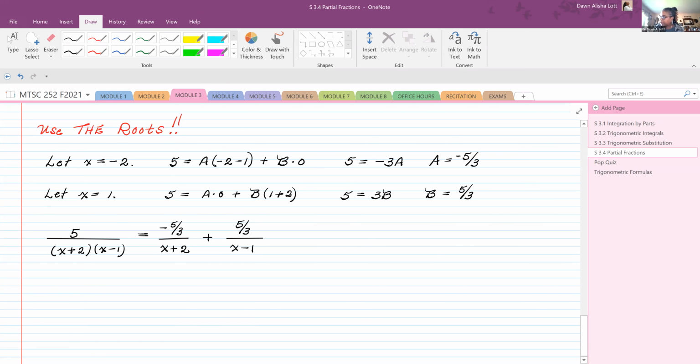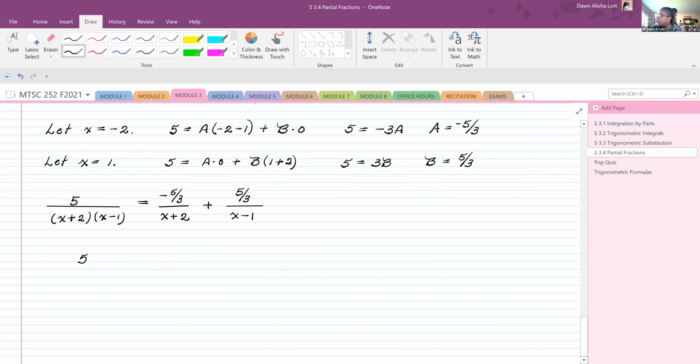So I can write 5 over x plus 2 times x minus 1. Since they're both 5/3, I'm going to factor the 5/3 out. And I'm just going to get 1 over x minus 1 minus 1 over x plus 2.